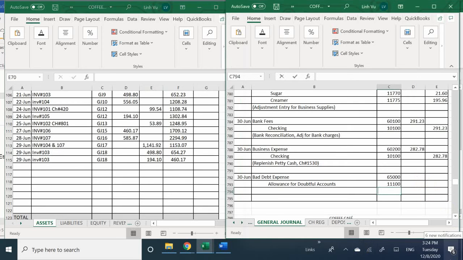Here I'm going to go equals 460.17 times 0.05 to get me a grand total of $23.01. Now, that's just how much my estimated amount is. So 23.01 is just my estimated amount.